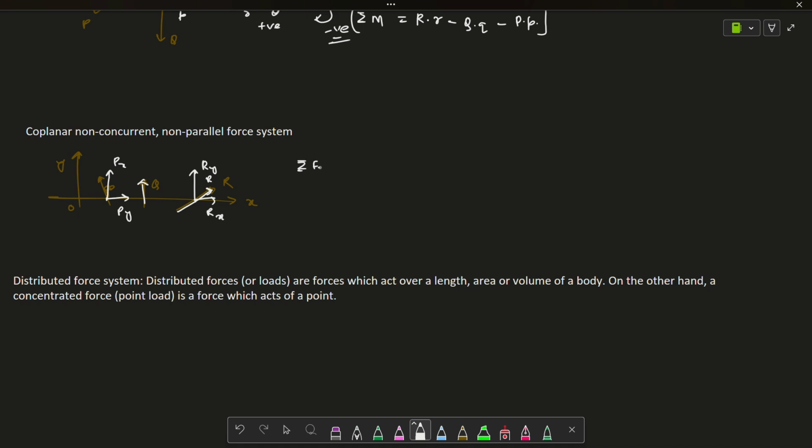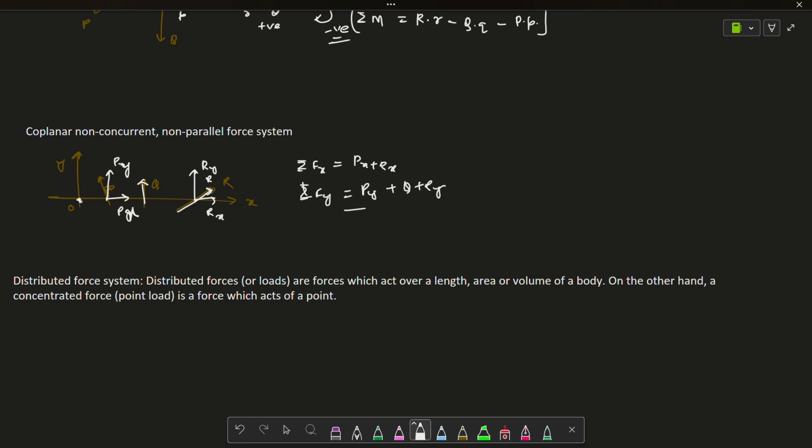How will we do it? For the summation of forces in the x direction, this one is Px. So the resultant force in x direction is Px plus Rx, and the resultant force in y direction is Py plus Q plus Ry.